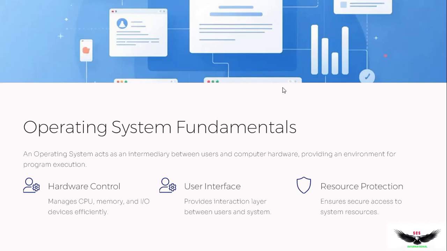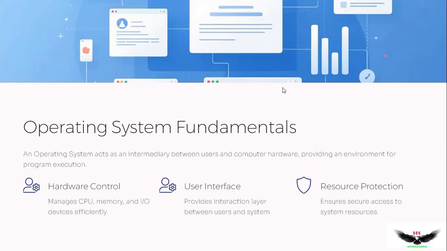One of the fundamentals is hardware control. Operating systems manage the CPU, that's the central processing unit, memory, and input or output devices effectively. Another point is the user interface.